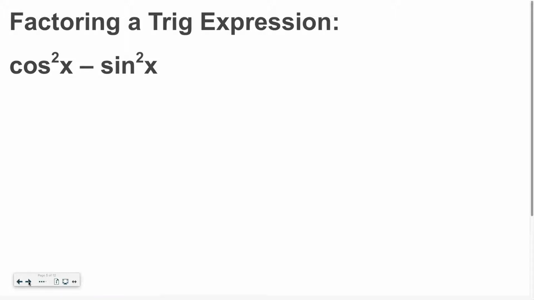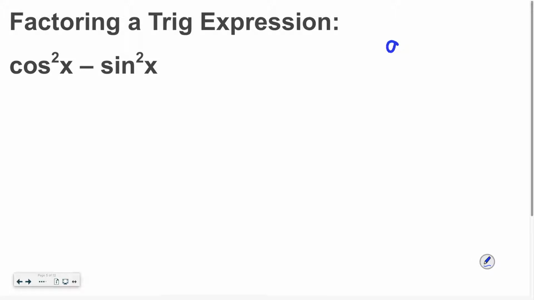Now, is cosine squared x minus sine squared x something that we wrote down? Ours was addition, right? Okay. Now, in a situation where we were simplifying, factoring probably wouldn't be helpful, but I wanted a basic example so you could see the pattern, okay? I don't want you to forget about our difference of squares.